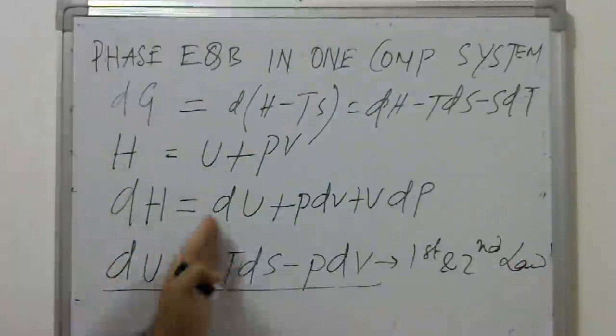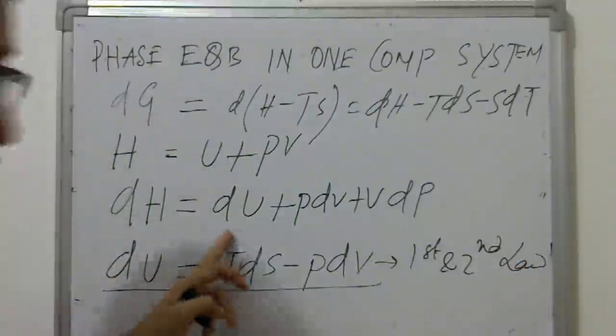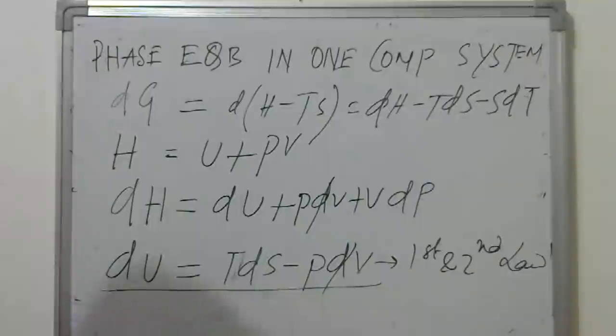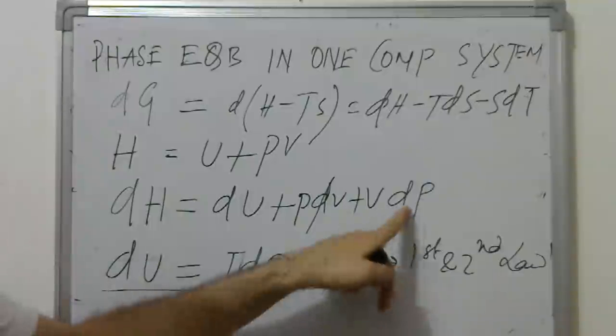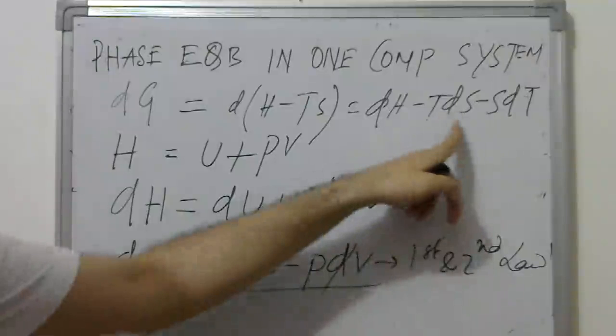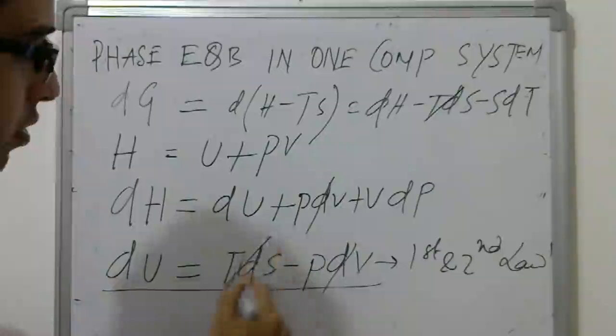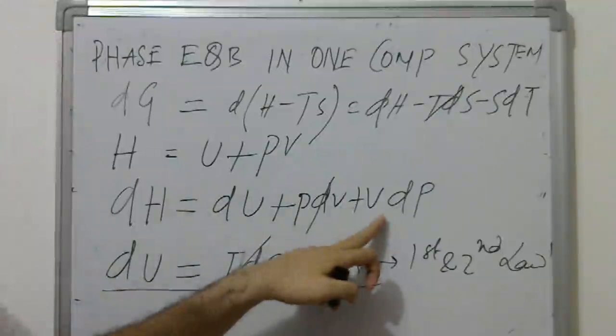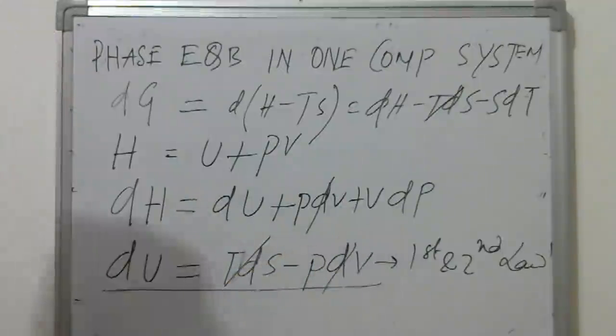If I substitute this dU here, the P dV will cancel out, leaving T dS plus V dP. Here there is a minus T dS, so if I substitute dH here, this T dS will cancel out. So what you are left with is V dP minus S dT.